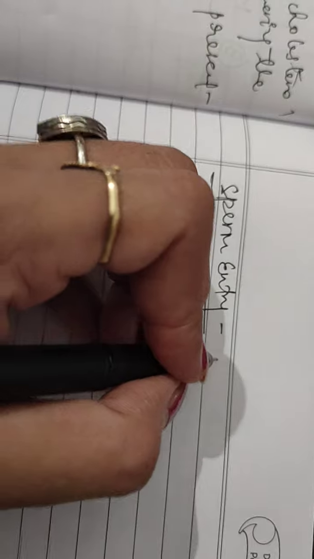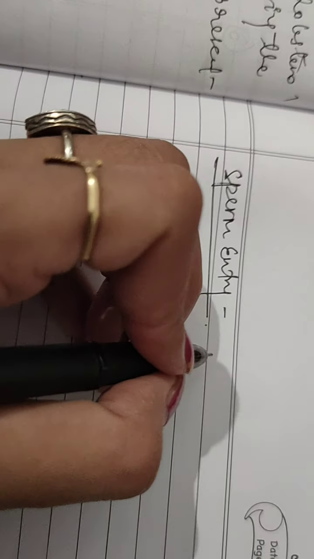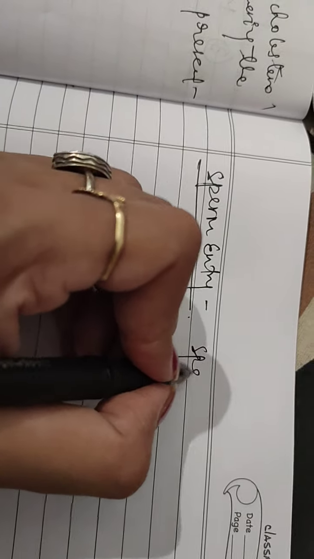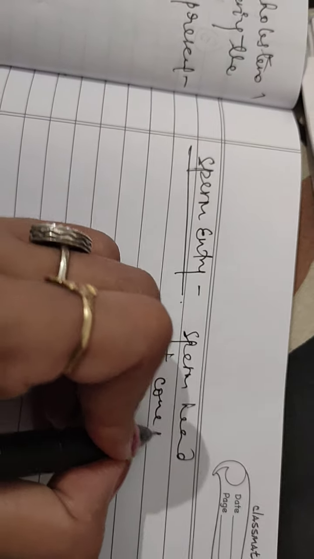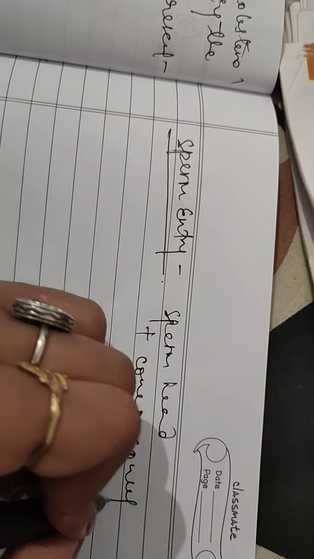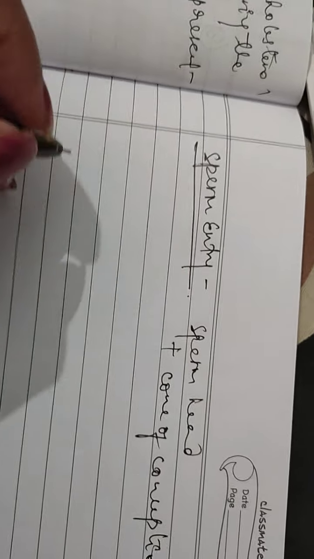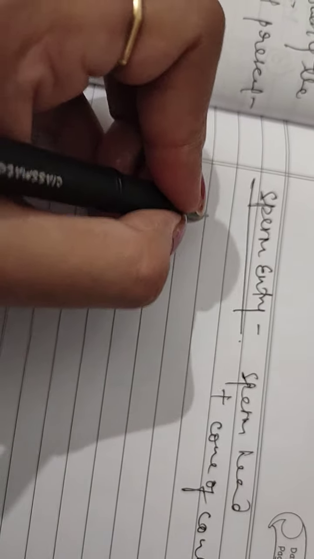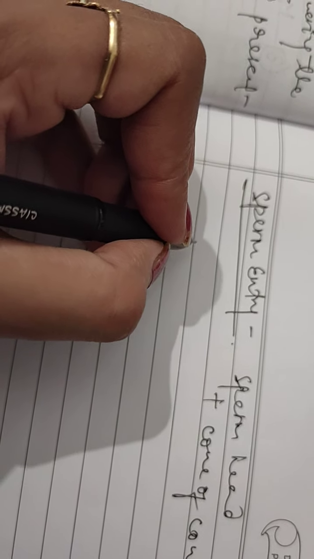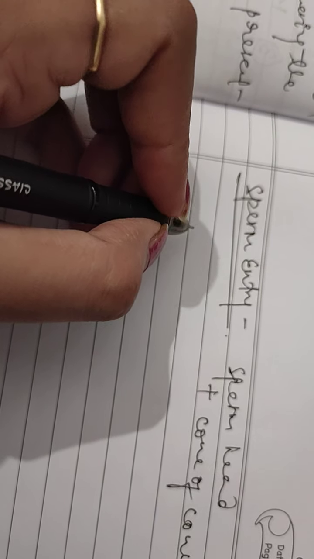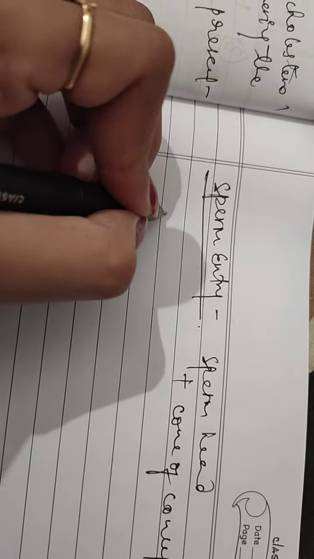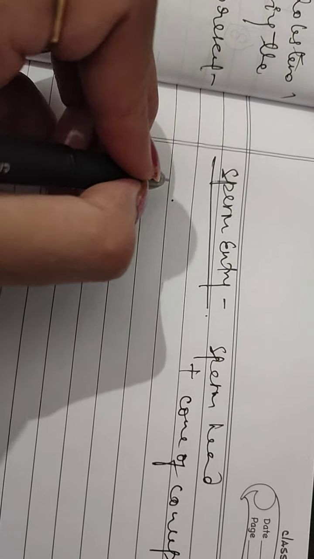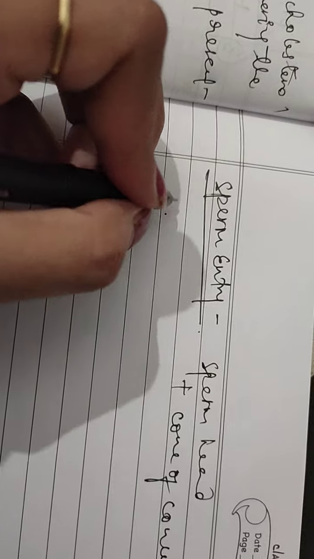In sperm entry, what will happen? A sperm head comes in contact with the fertilization cone, the cone of reception. It triggers a depolarization of the membrane, and the sperm and egg membranes dissolve in the region of contact.